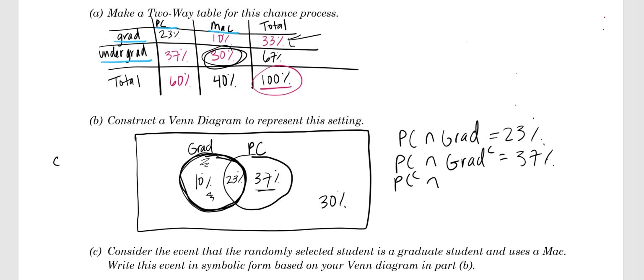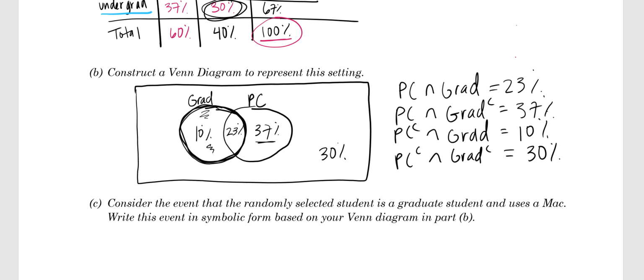Not PC and graduate would be this guy, my 10%. And not PC and not graduate would be everything that's not in the circle. Okay?